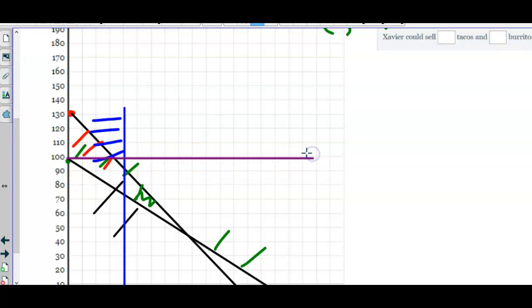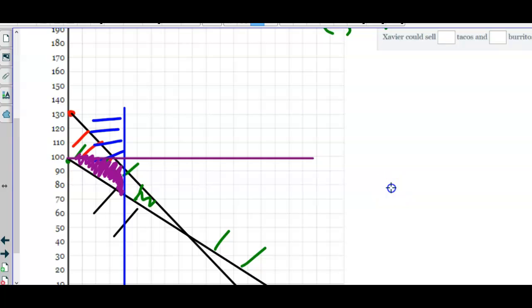He has to stay below that line. So now, if he's below the purple and in between the two black and to the left of the blue, this is the space we're talking about that works. So then we could say anything in that space would work.